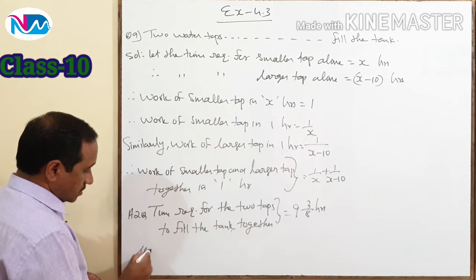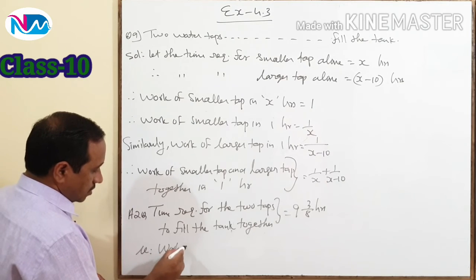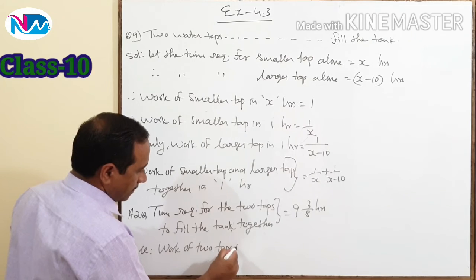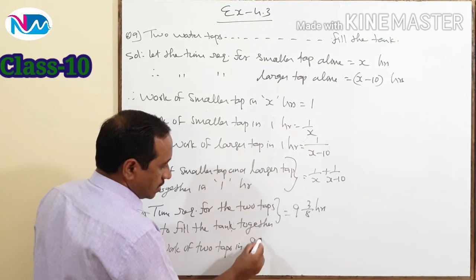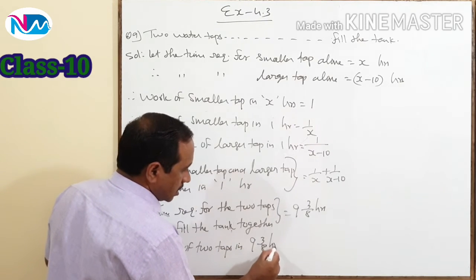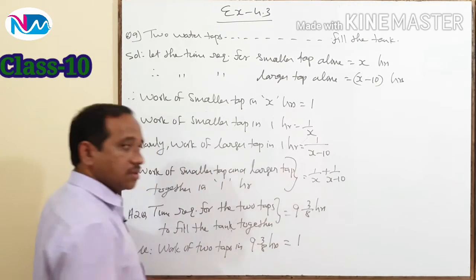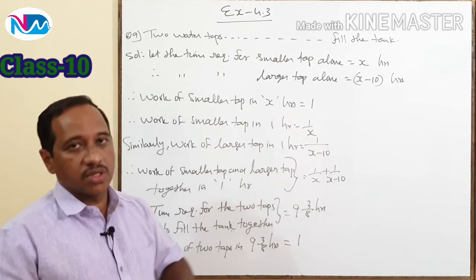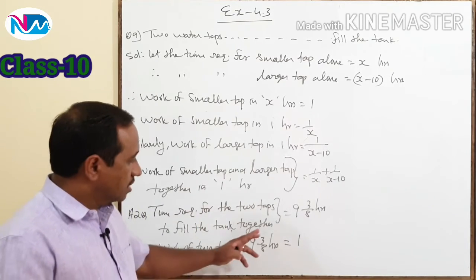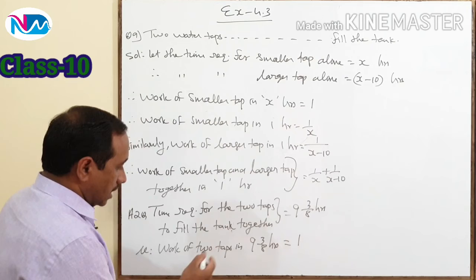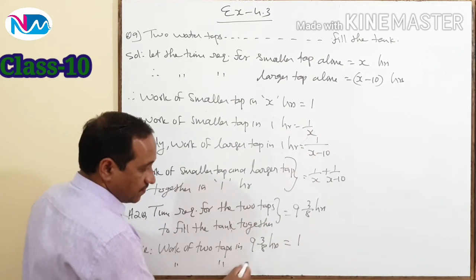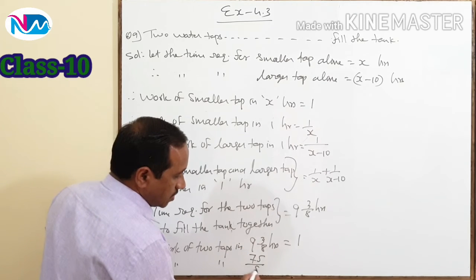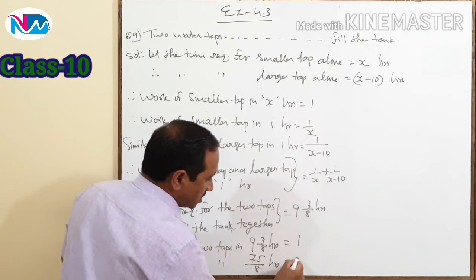That is, the work of the two taps in 9 3 by 8 hours is equal to 1, because the two taps complete the work, and they complete it in 9 3 by 8 hours. 9 3 by 8 hours means 8 into 9, 72, plus 3, 75 by 8 hours is equal to 1.